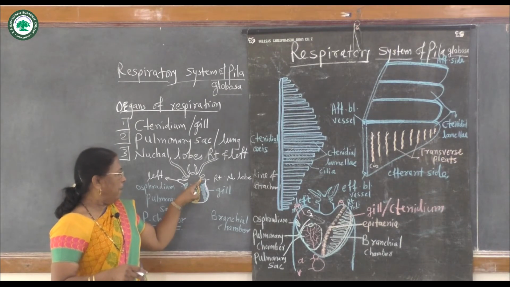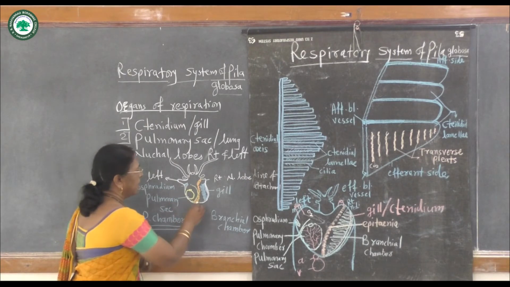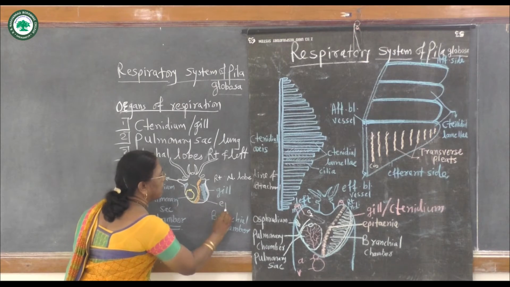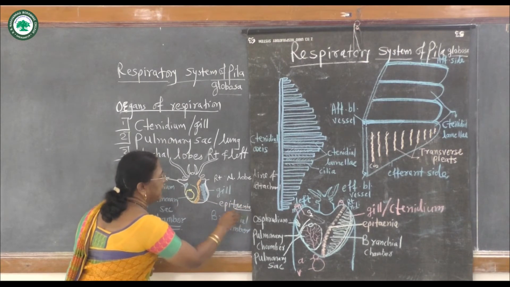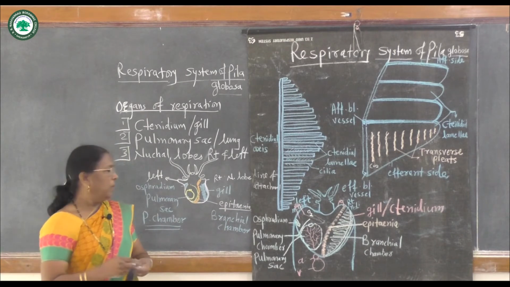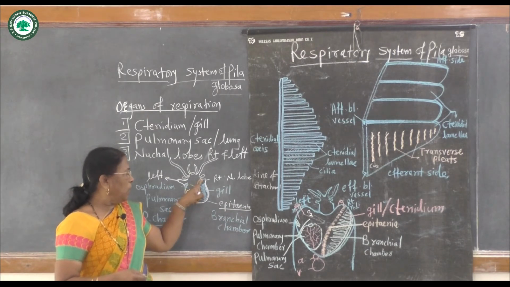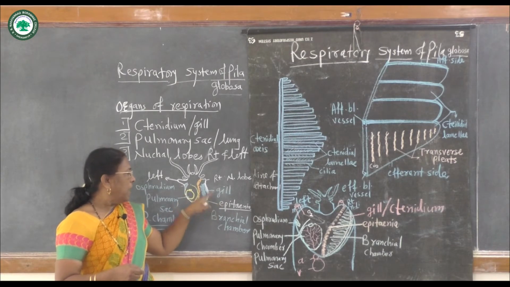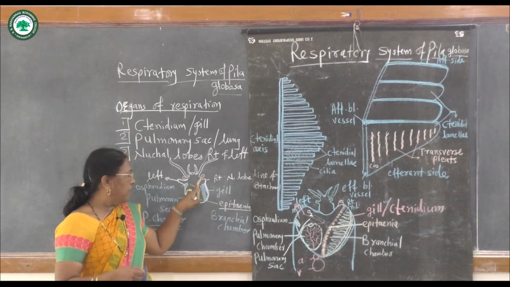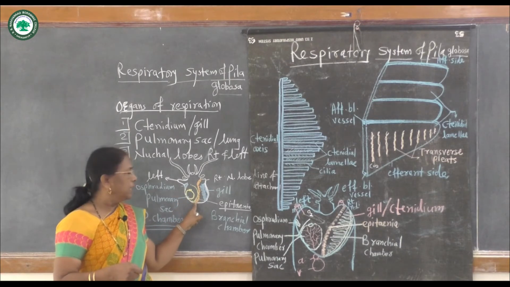Then, in the mantle cavity, there is the presence of the epithelium, a skin fold. The epithelium, that is the skin fold, arises from the base of the right nuchal lobe. It runs backward and goes up to the tip of the mantle cavity.